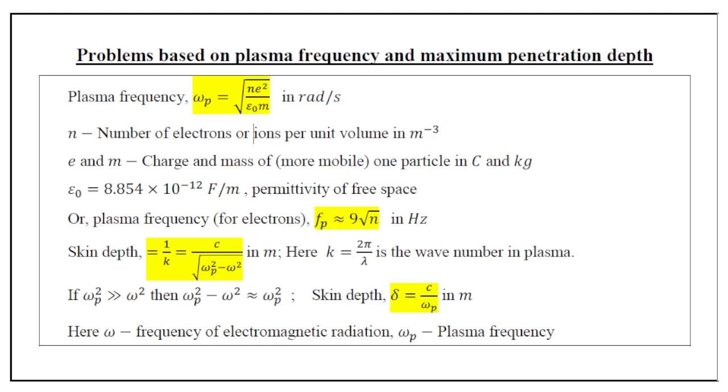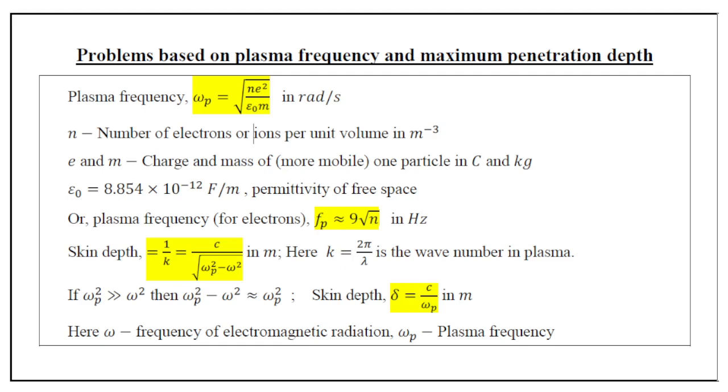And omega P is equal to root of Ne square by epsilon 0 m, where N is the number density of the plasma particles, e and m are the charge and mass of the plasma particles, epsilon 0 is the permittivity. And for electrons, this can be written as the plasma frequency in hertz is 9 × √N, where N should be given in per meter cube.